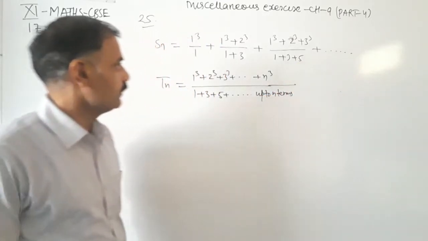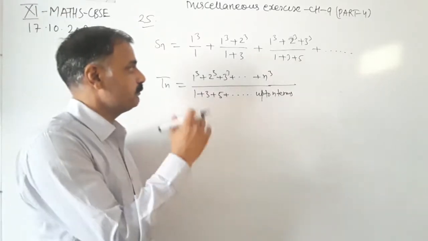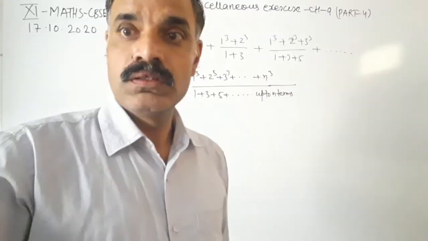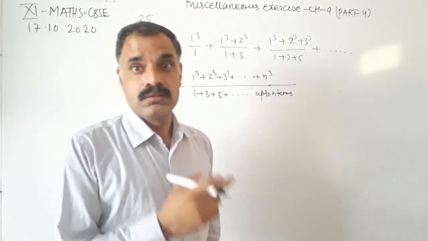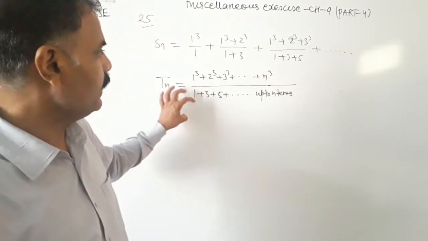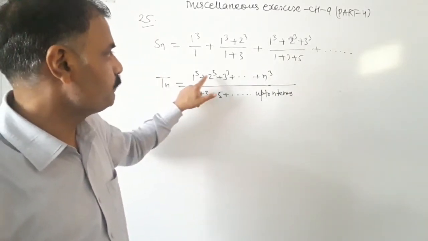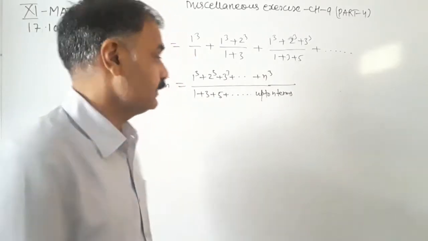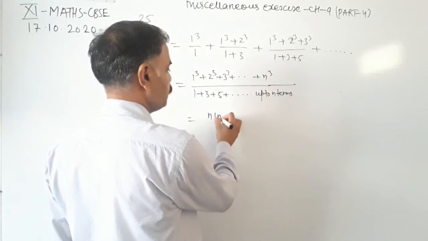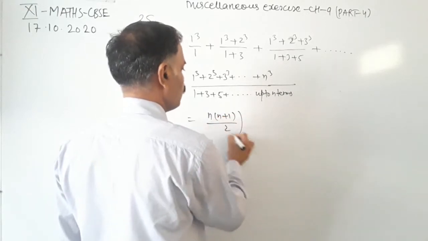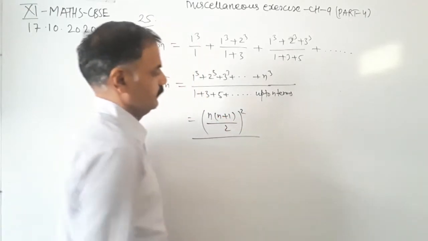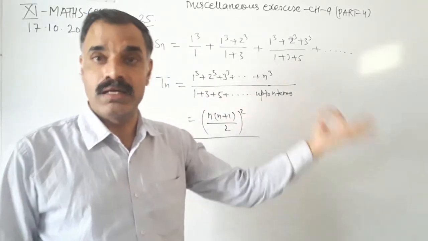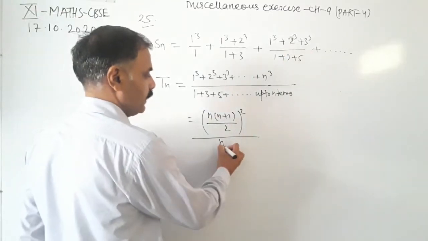Now we will solve this to find the nth term. 1 cube plus 2 cube up to n cube means the sum of cubes of natural numbers up to n, and this is equal to n into n plus 1 by 2 whole square, divided by the sum of the odd natural numbers up to n, and this is equal to n square.